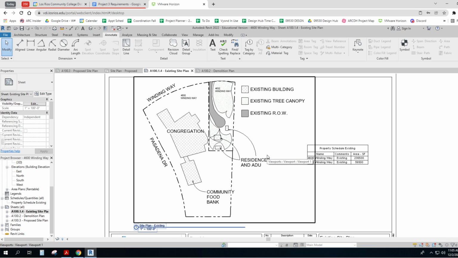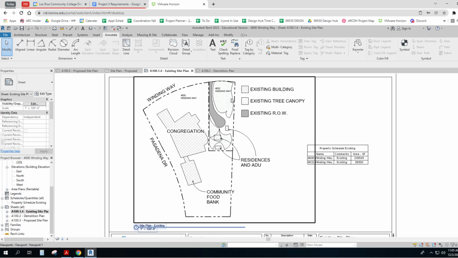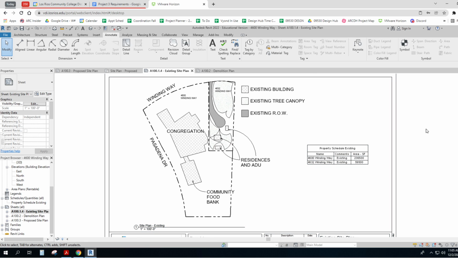Now this isn't perfect, but it was a tracing to scale from Google Maps. Okay, so I just traced to scale from Google Maps and got that. And this took me about an hour. And so you've seen that one before.